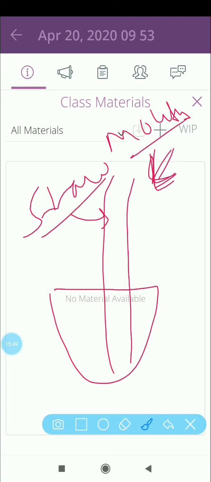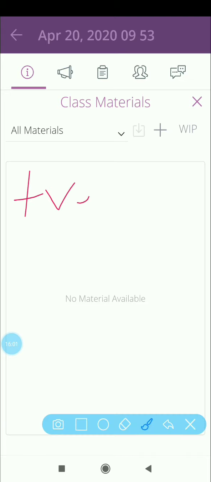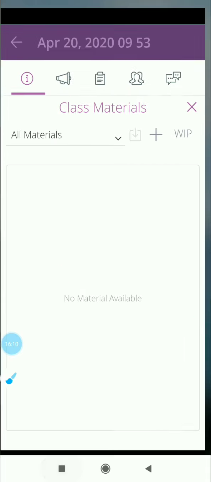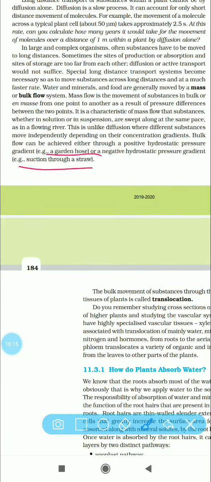So this creates a negative hydrostatic pressure. Remember the examples: positive hydrostatic is the garden hose, and negative is the sucking by the straw, which we all have done while consuming different liquids. These are the mechanisms responsible for what we call bulk flow.